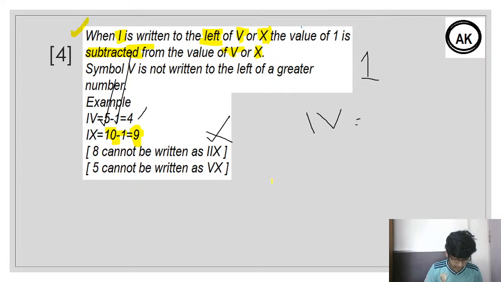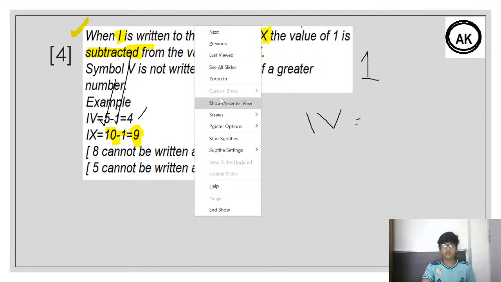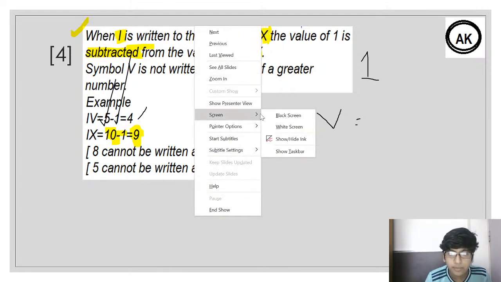Before going to that, I would like to tell you, just take the black screen. See children, if 8 is like this, can 8 also be like this?